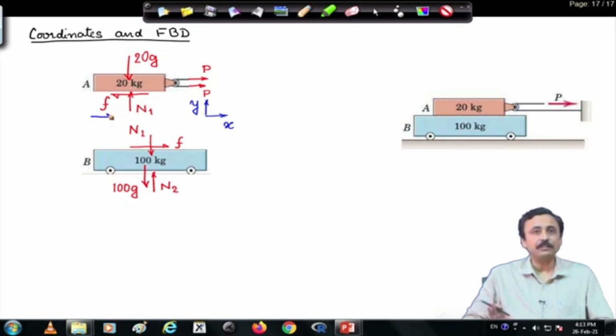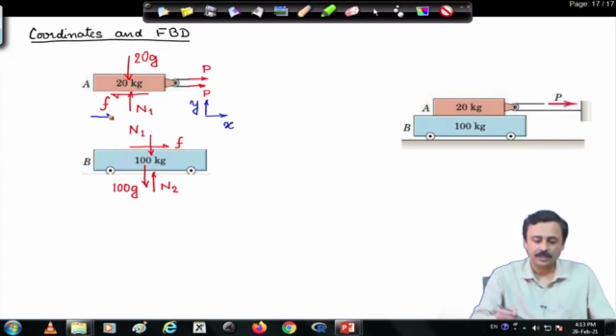I am not sure whether it will stick or slip. Therefore, I do not really know the friction force to begin with, and this is very important. The friction force is to be decided by the dynamics, and this is what this problem shows us, and this is what I am going to demonstrate.